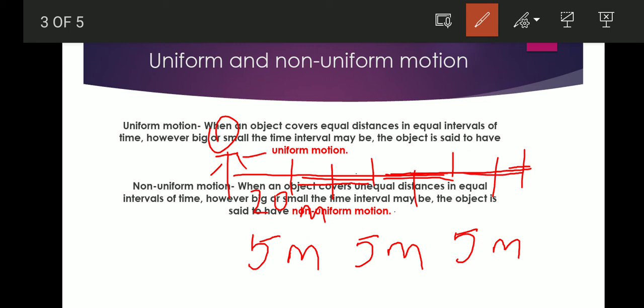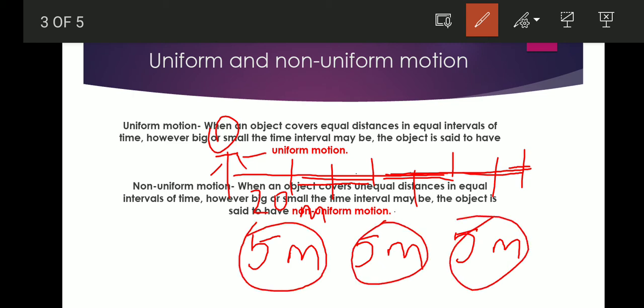Then here also 5 minutes. Okay, that means to cover 20 meters he takes 5 minutes. In each 20 meter he takes 5 minutes. Okay, then that means his motion, his movement will be uniform since he covered equal length in equal intervals of time. So this is called uniform motion.